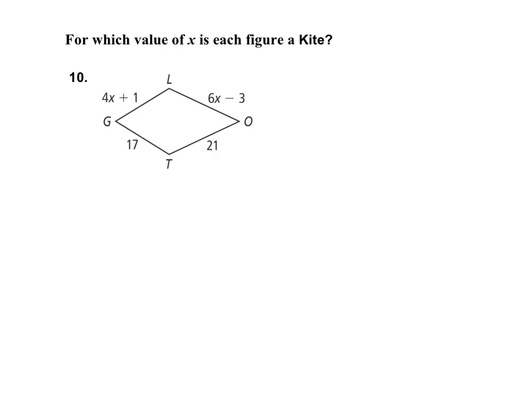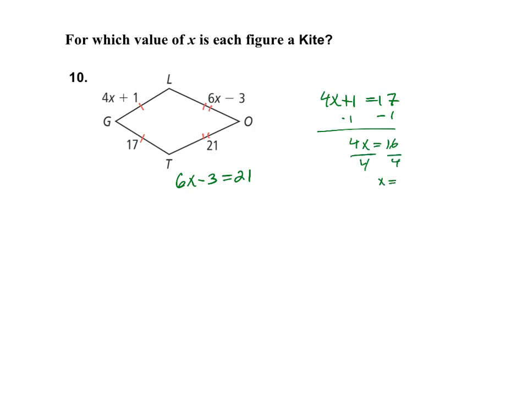Okay, so for this quadrilateral to be a parallelogram, these have to be congruent, right? So 4x plus 1 has to equal 17, as well as 6x minus 3 has to equal 21. That should be the same because it's the same variable. So minus 1, 4x is 16, and I'm going to divide by 4.